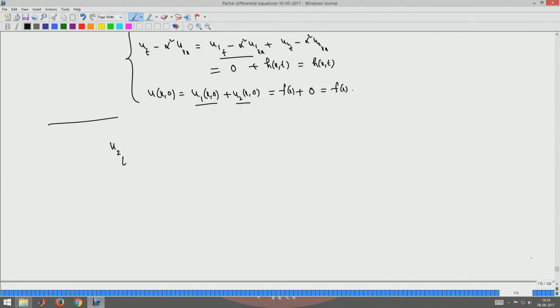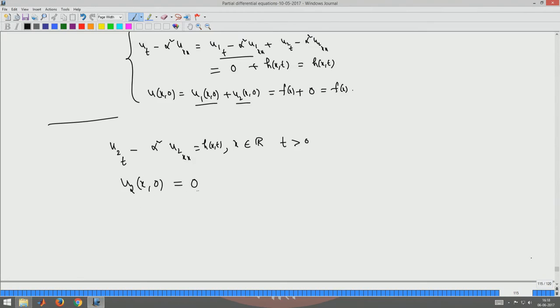So u2 t minus alpha square u2 xx equal to h of x t for x belongs to R and t positive, this is the non-homogeneous equation, and u2 at x 0 is equal to 0.